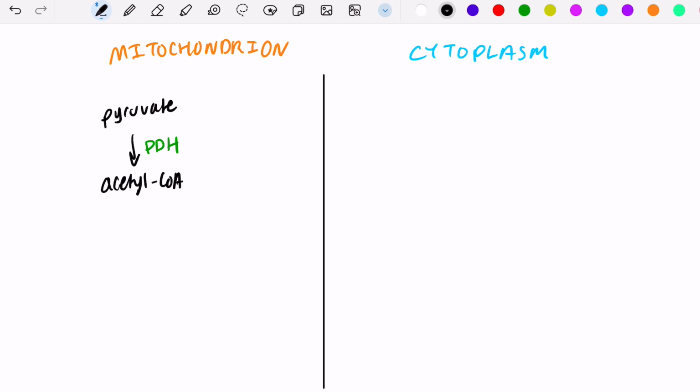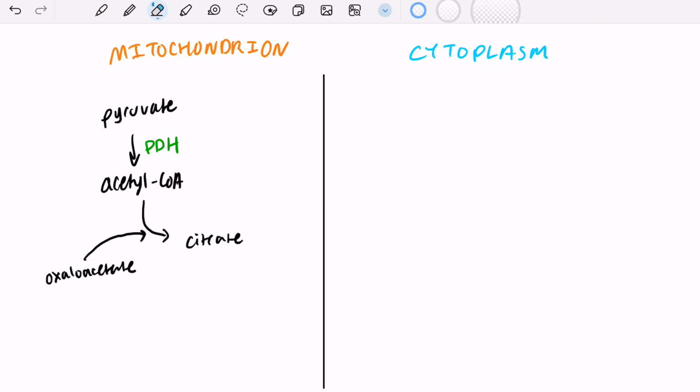So in the citric acid cycle, we know that acetyl-CoA combines with oxaloacetate to form citrate. If this doesn't seem familiar, it's part of the citric acid cycle, and acetyl-CoA is a 2-carbon molecule, and oxaloacetate is a 4-carbon molecule.